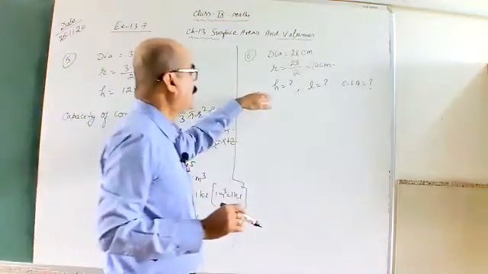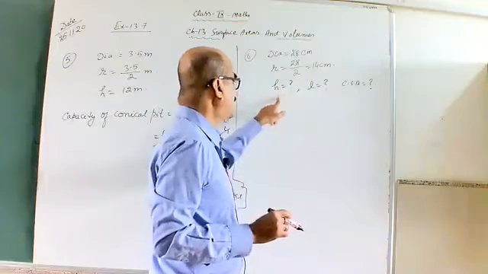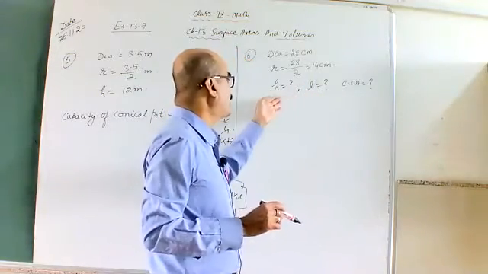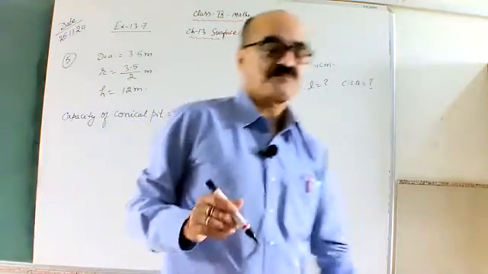But here we know only one quantity. r is known, but h and l are unknown. So either we have to find l or h. It is easy to find h because volume is given.